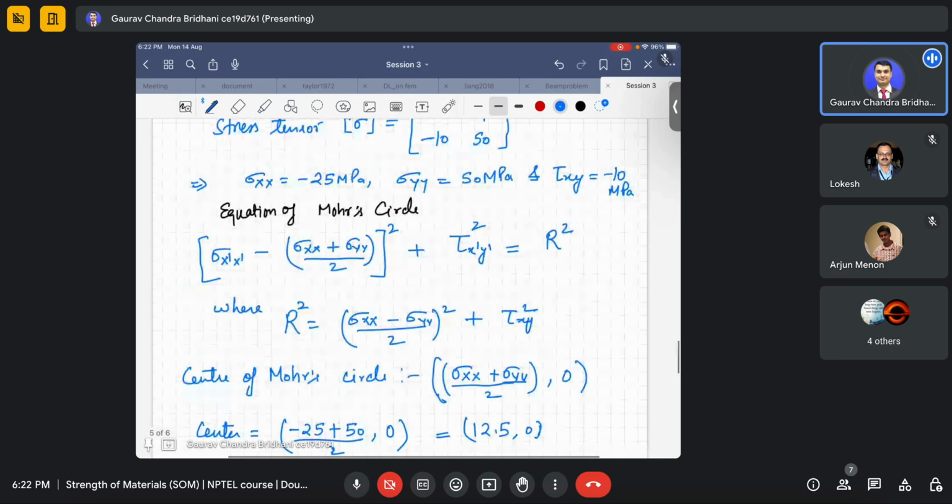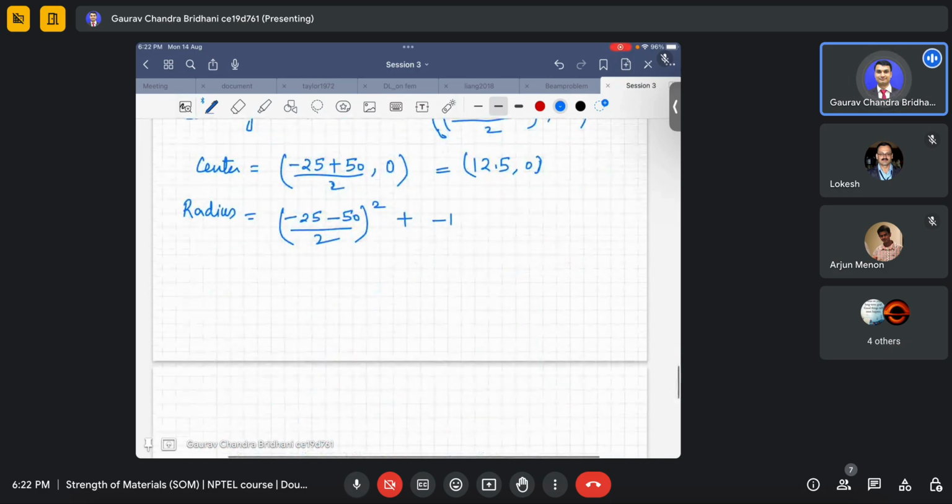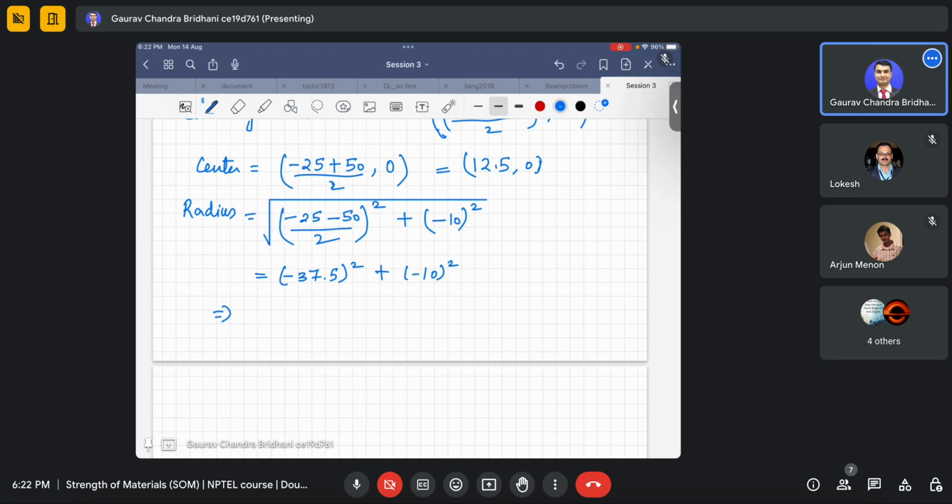Tau xy is minus 10, so minus 10 squared. That is minus 37.5 whole squared plus minus 10 whole squared. Taking the square root, the radius comes out to be 38.8104, and I request you to also try this yourself.